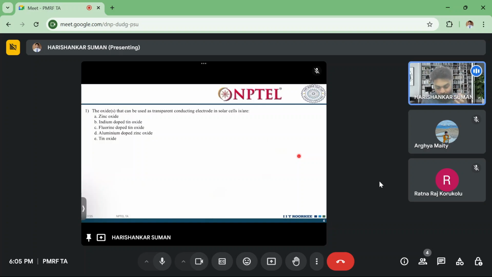The oxide that can be used as a transparent conducting electrode in solar cell. Please answer your question.